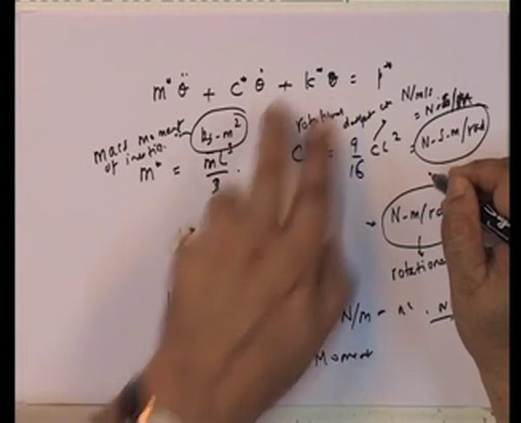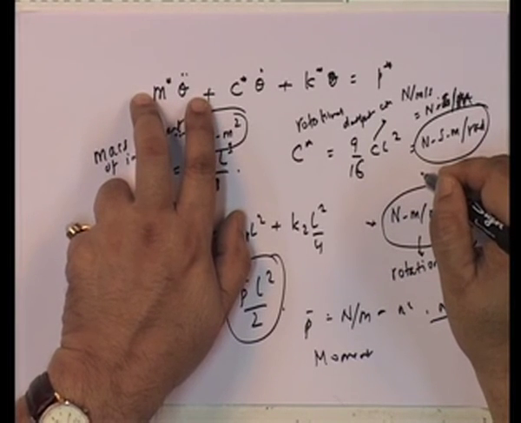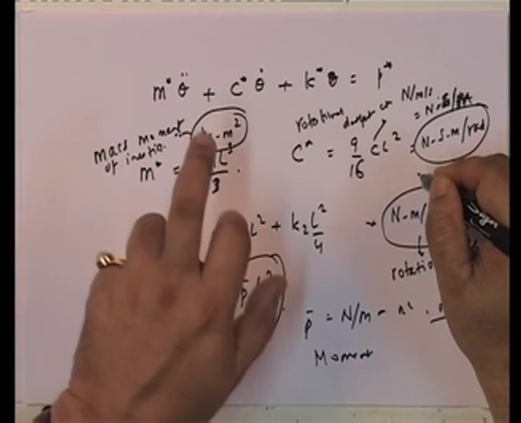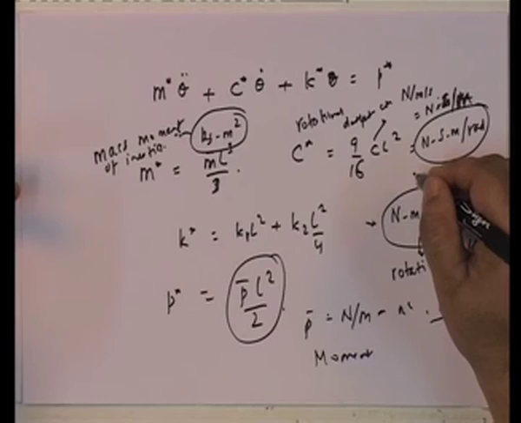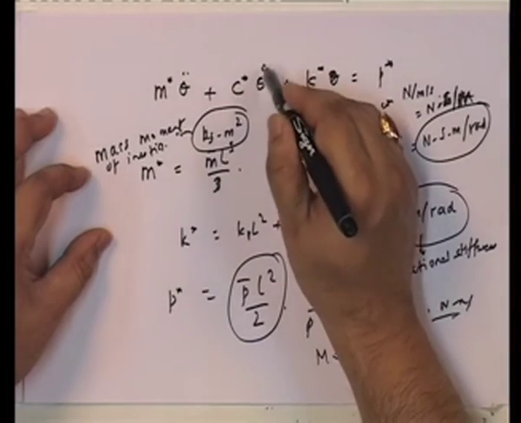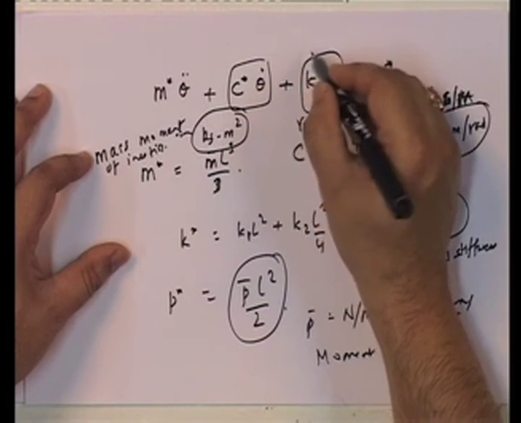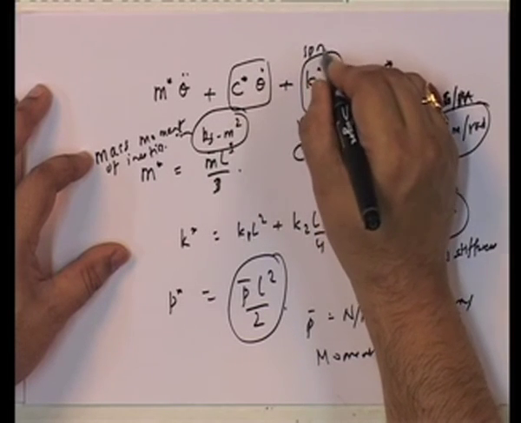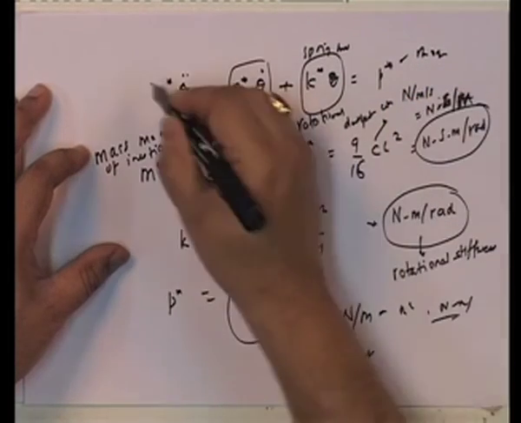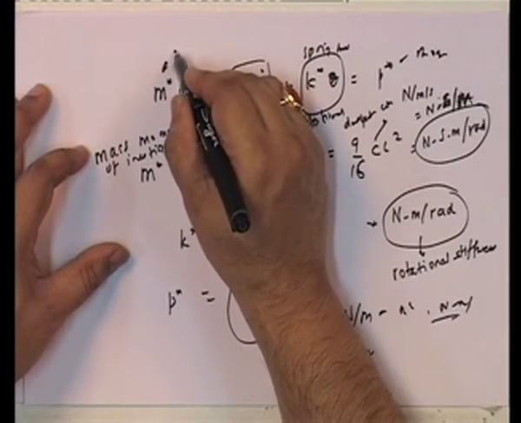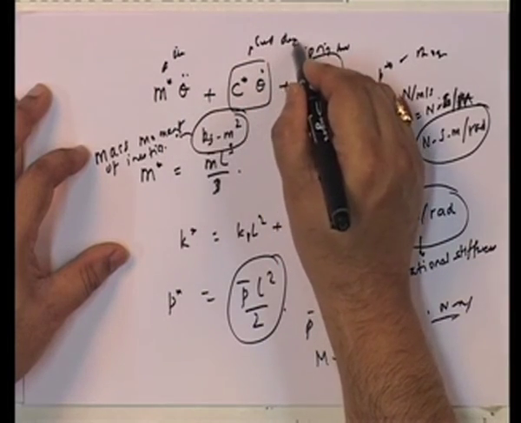This is mass moment of inertia into angular acceleration, the inertial moment, and this is the damping moment.